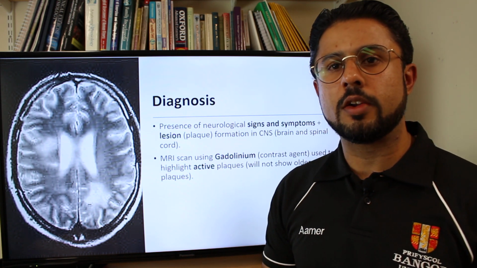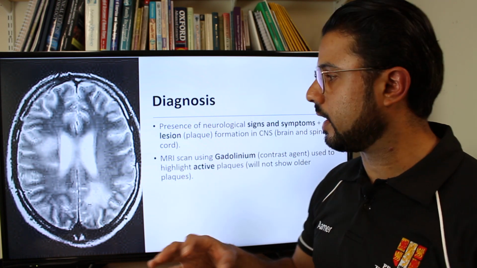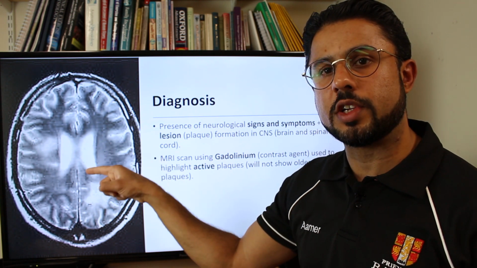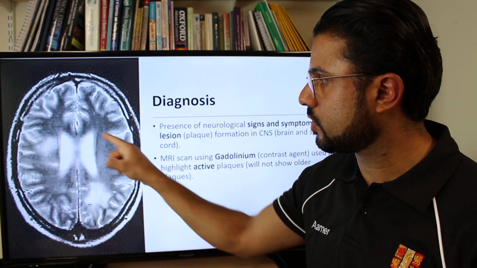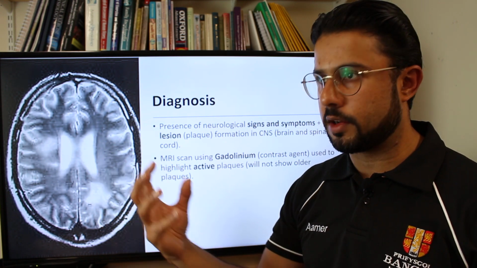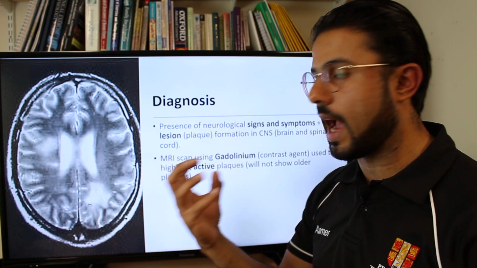Okay, the gadolinium will go into the neurons and highlight any areas where there is a lesion as bright white patches. Okay, so we can see some lesions occurring in this MRI scan here. So in the brain and the spinal cord, the gadolinium will enhance or show that contrast, white patches where you've got active lesions.